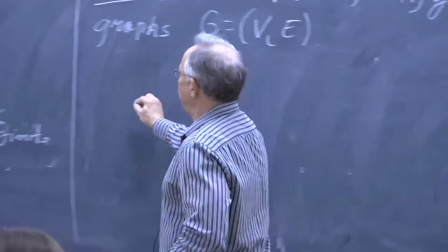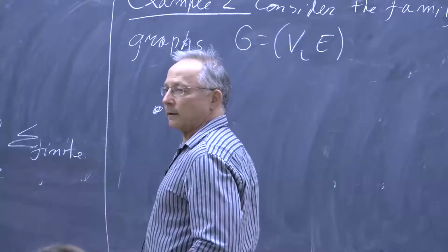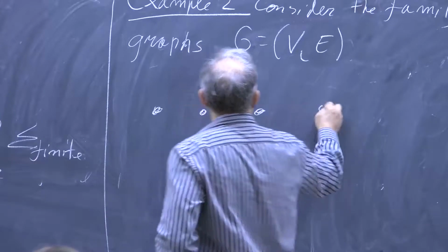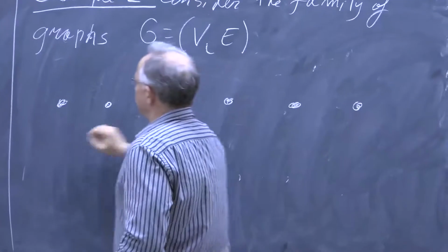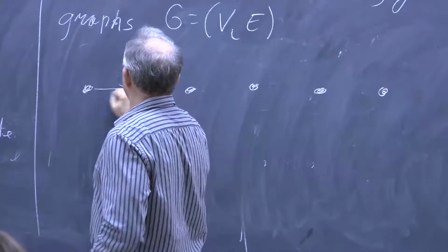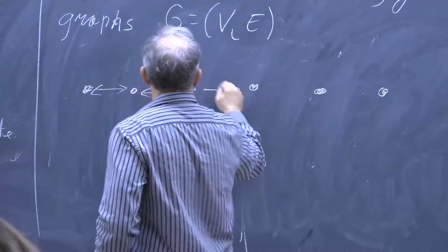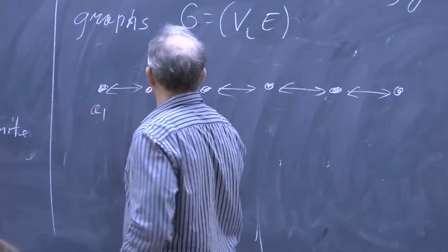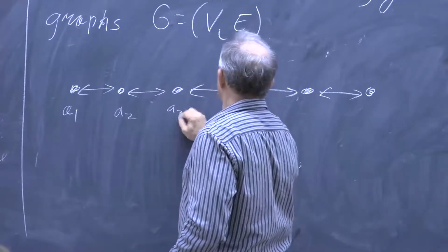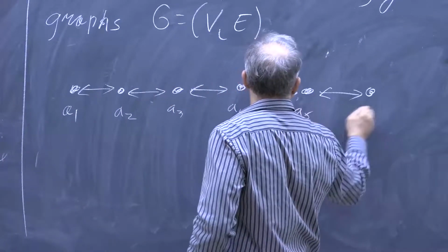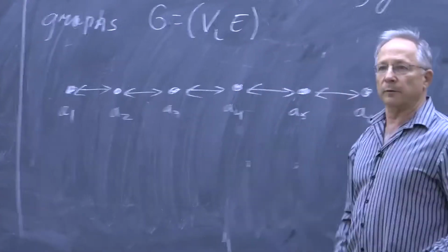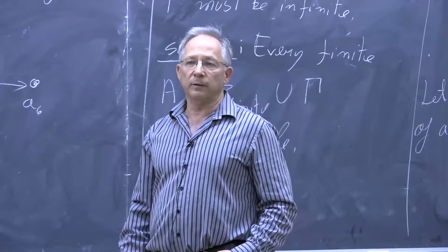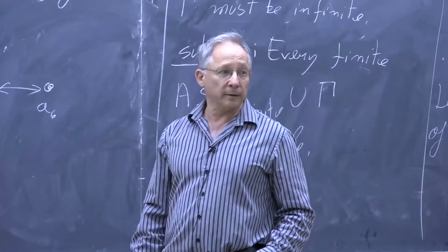So say I have here 10 points or whatever, and they're all connected. So say my graph is the points A1, A2, A3, A4, A5, A6. What is the diameter of this graph? It's a question of what is the maximum number of steps that I need to take to get from one vertex to another.